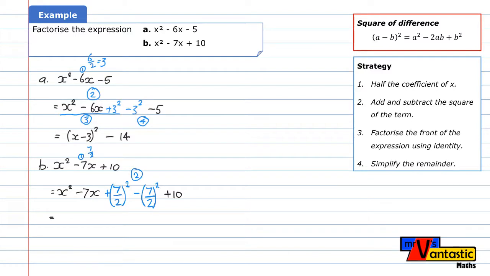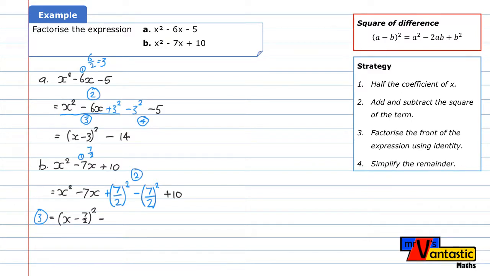We can now simplify the front of the equation. That becomes x minus 7 over 2 squared. And then we need to figure out this bracket, this fraction squared here, because we need to be able to simplify this.